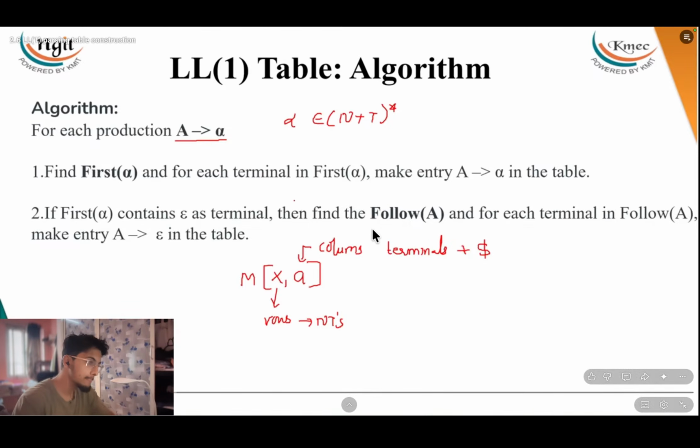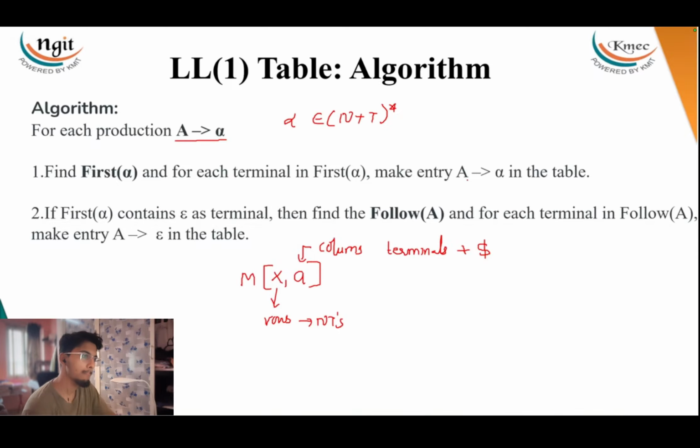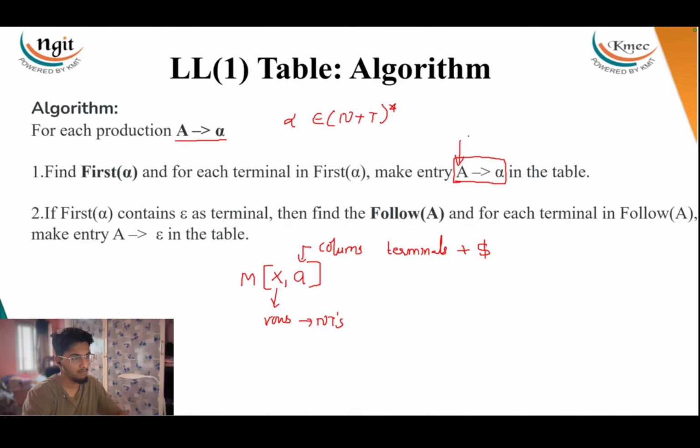So for every production we have to find the appropriate row and the column. Of course we have an algorithm here, right? So I'll tell you this algorithm in the simplest way. If you are given a production and you are asked to find the appropriate cell, then the left hand side decides the row. So if it is A, then you must keep it in the A non-terminal row. By mistake also you are not supposed to keep one non-terminal's productions in another non-terminal's row, right? And the right hand side decides the column.